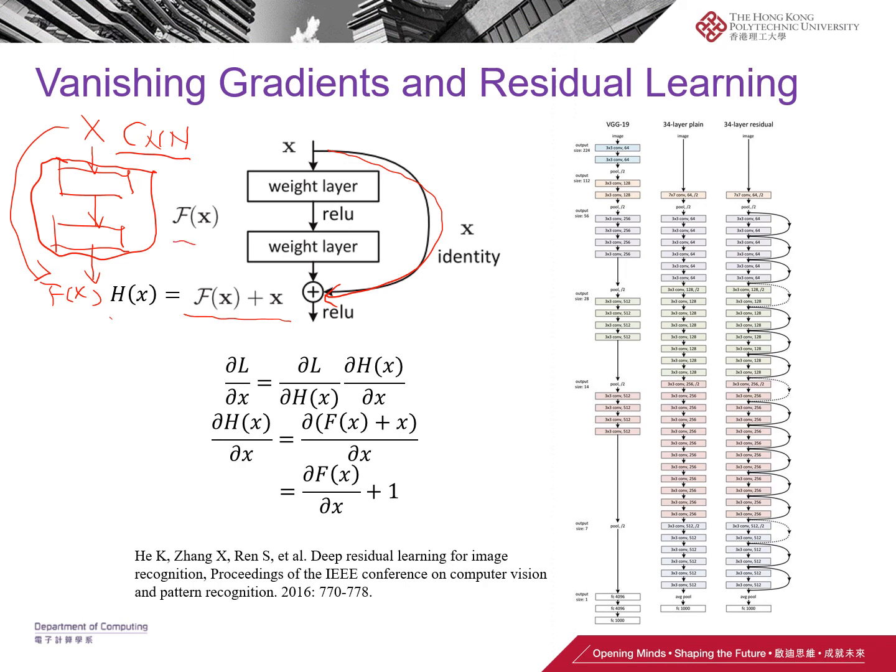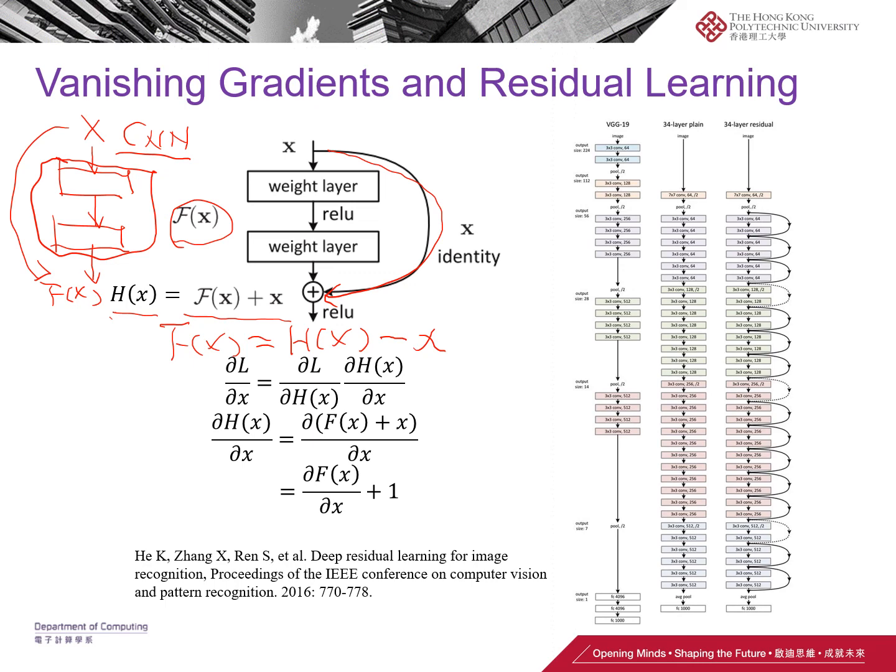I mean, f(x) is not learning a mapping of x to the final output directly. It's rather learning the difference between them. That means f(x) equals h(x) minus x. So it's learning the difference rather than learning the mapping directly. This might be easier.